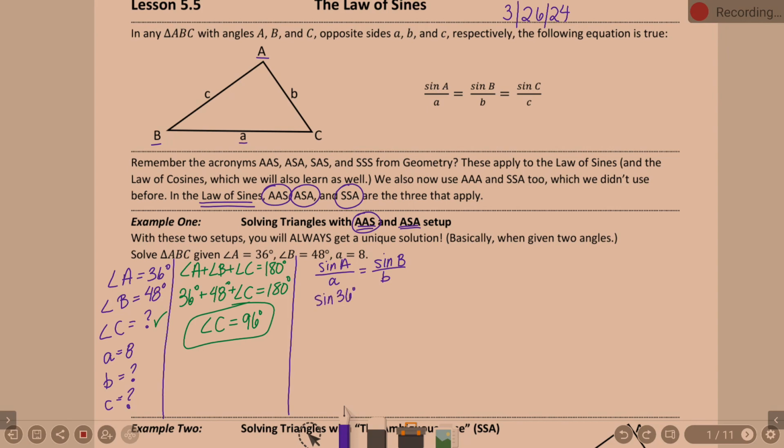Angle A is 36. So sine of 36 degrees divided by side A, which is 8, is going to be equal to sine of 48 degrees divided by side B, which is what I'm trying to find.